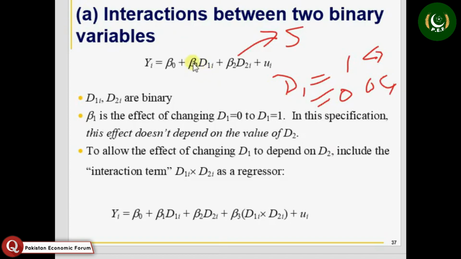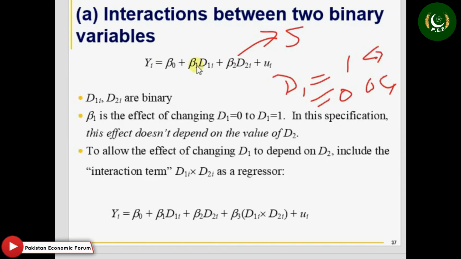When we see the effect of d1, that is the effect of graduate on y, both male and female are excluded from it. And when we see the effect of male or female, then this graduate effect is not included. I am interested in the impact of being a male and graduate, a female and graduate, a male and non-graduate, a female and non-graduate.